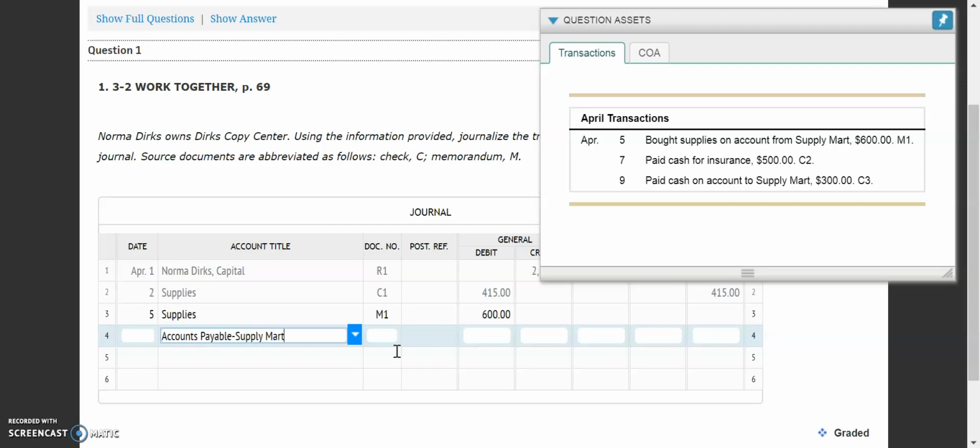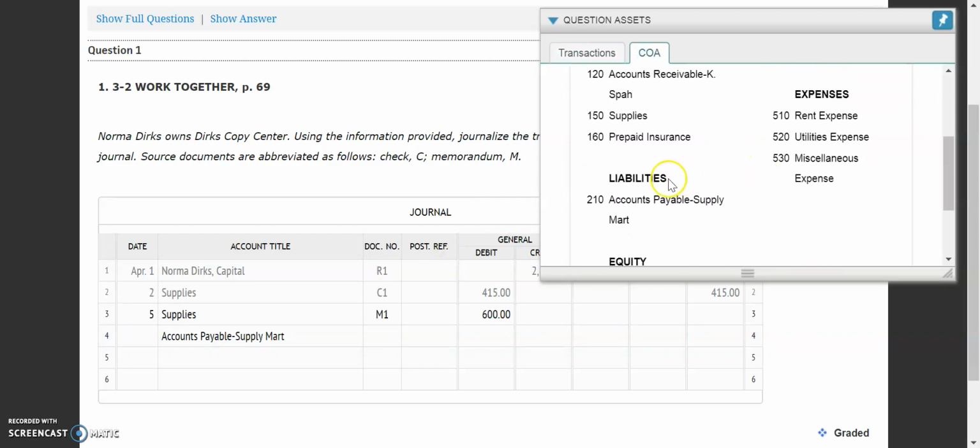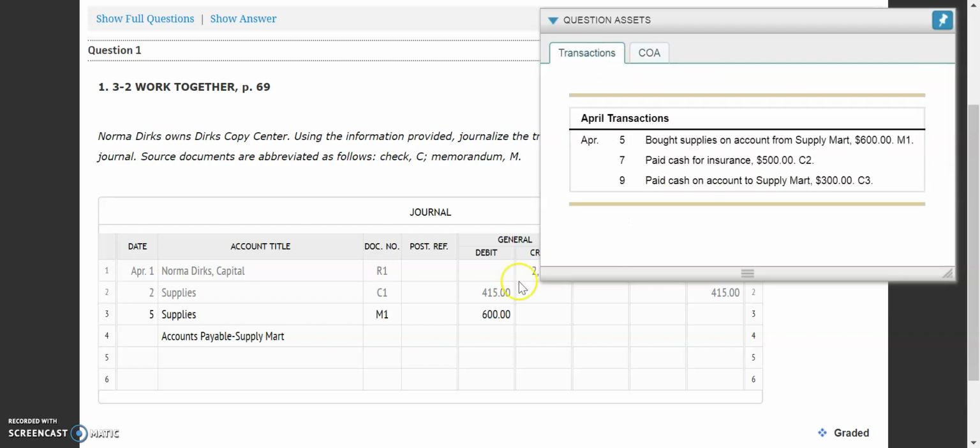And if you weren't sure what that account was, you could always check your chart of accounts and you would see it under liabilities, accounts payable dash Supply Mart. And then we just tab on over and put our $600 credit in. And that is our first transaction for the 5th of April.